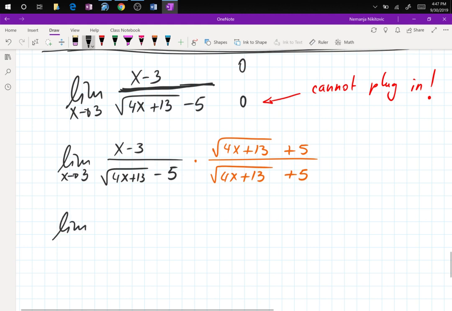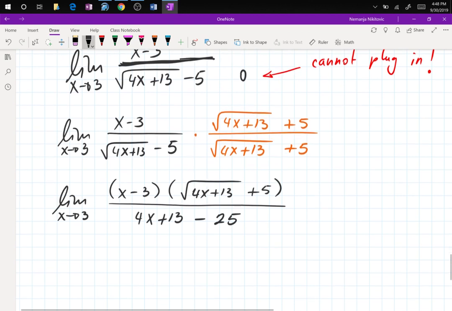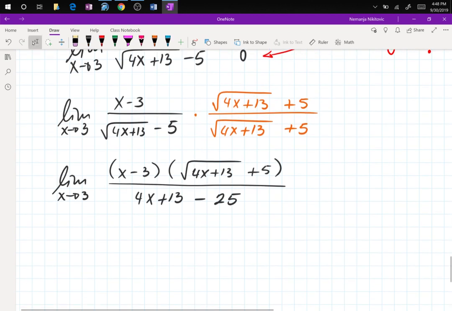So now limit x goes to 3. I have x minus 3 times square root of 4x plus 13 plus 5 divided by, now when these multiply in denominator, I get 4x plus 13 minus 25. So that's what I have when I do the foiling. The cross terms will cancel.